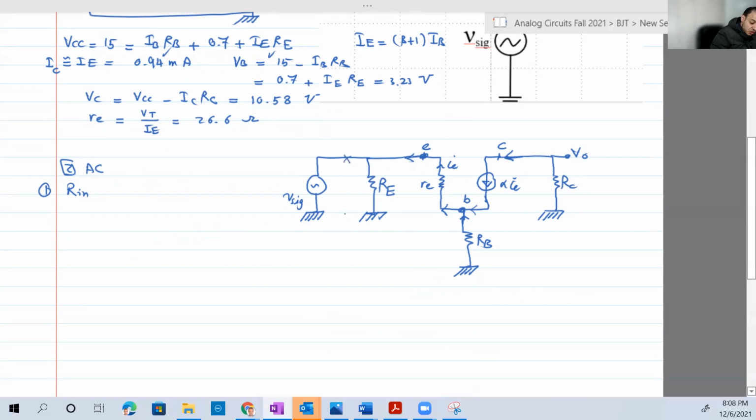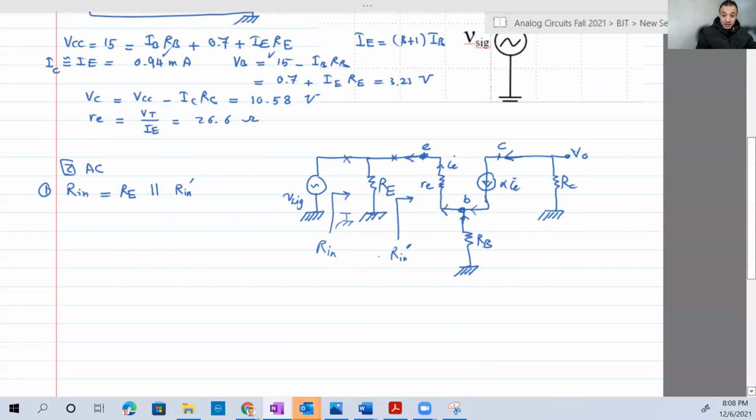So here are the terminals of the source, between this point and the ground. So this is our input. You can say our input is RE capital in parallel with, let's say, Rin dash. Where is Rin dash? After RE, between that point and the ground.